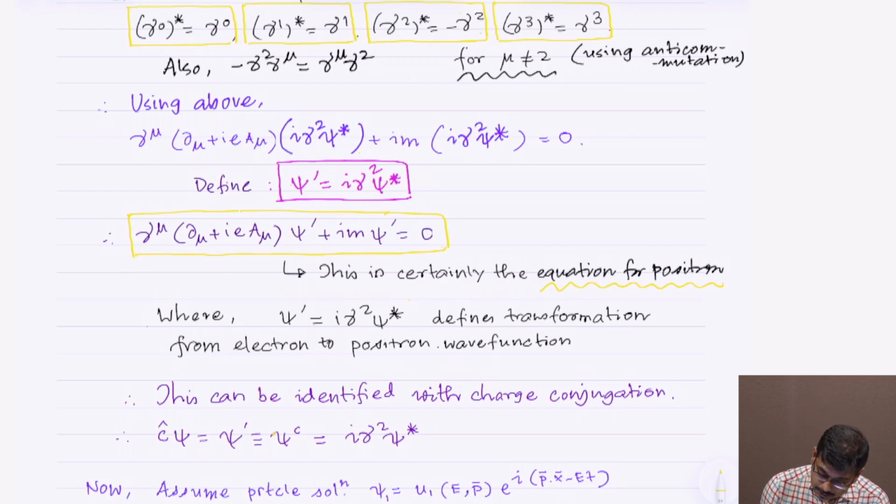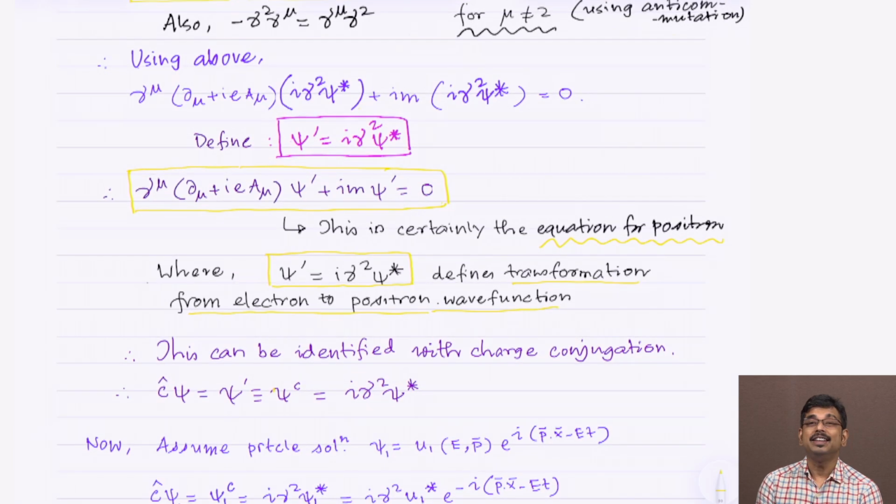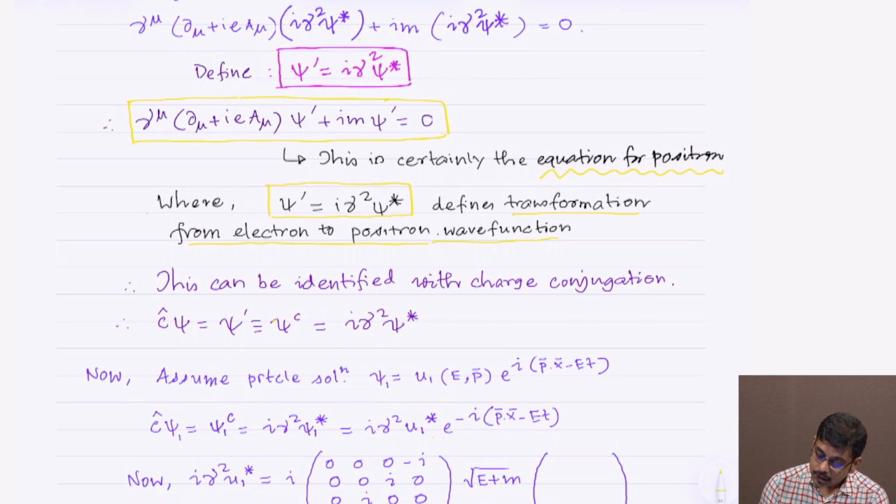So, I can then claim that this transformation that I did, psi prime equal to i gamma 2 psi star, defines a transformation from an electron to a positron wave function. And you can also say that this is a charge conjugation operation, where C psi is essentially psi c, which is i gamma 2 psi star.